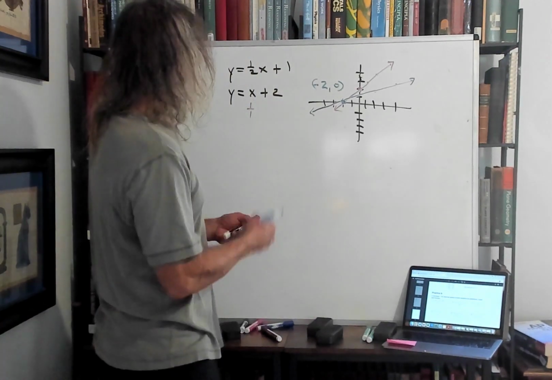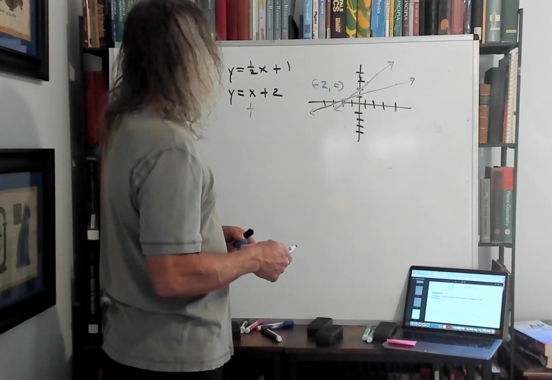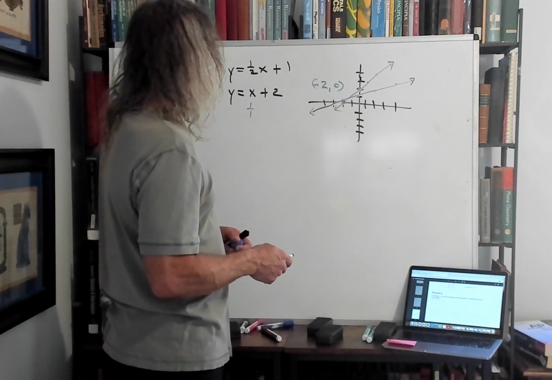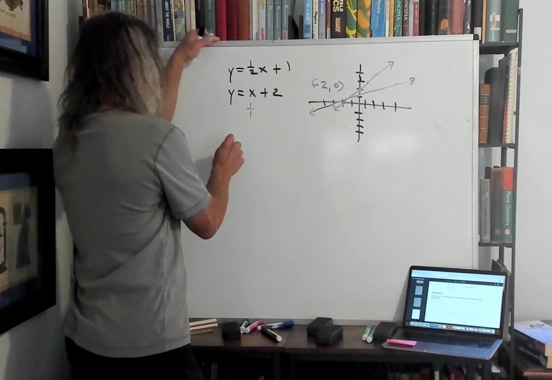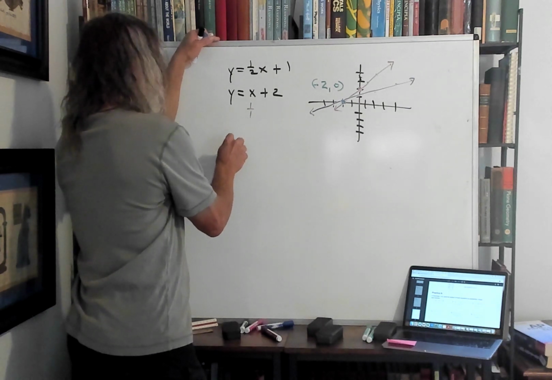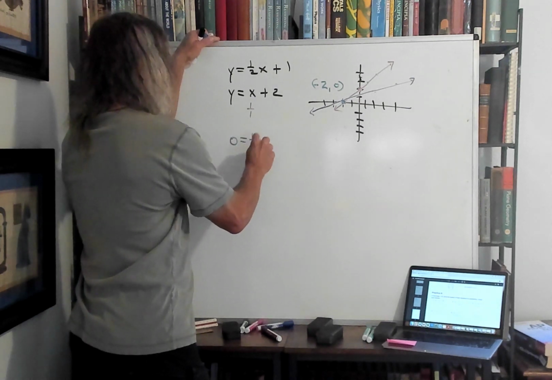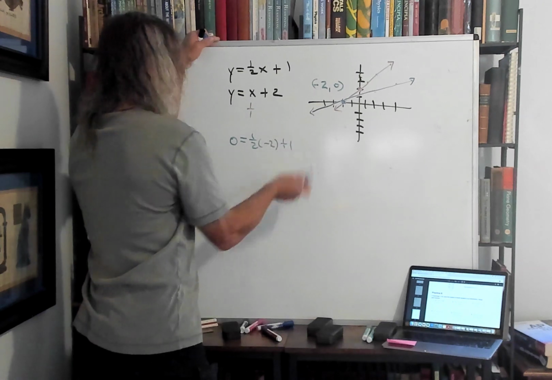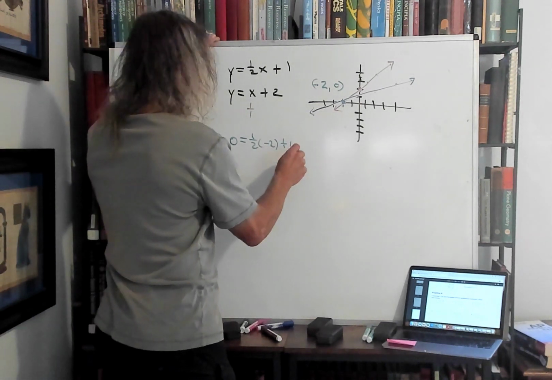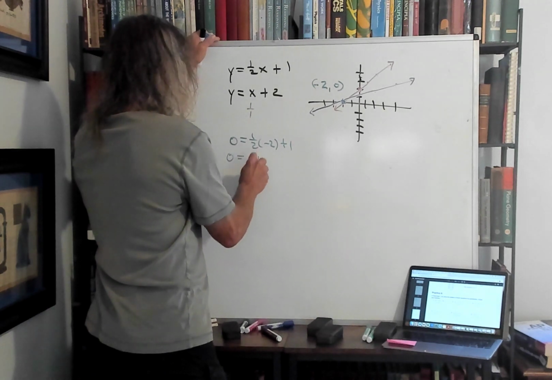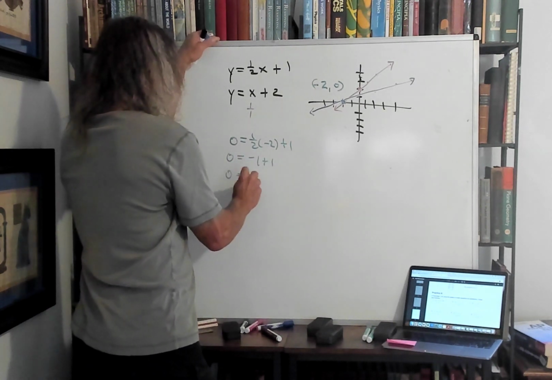So, if we put in a -2, for this one, 0 is 1/2 times -2 plus 1. Half of -2 is -1. -1 plus 1 is 0.